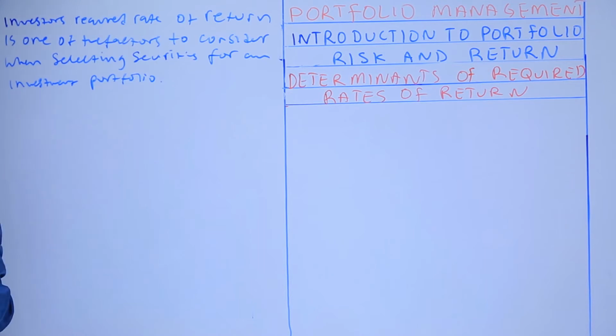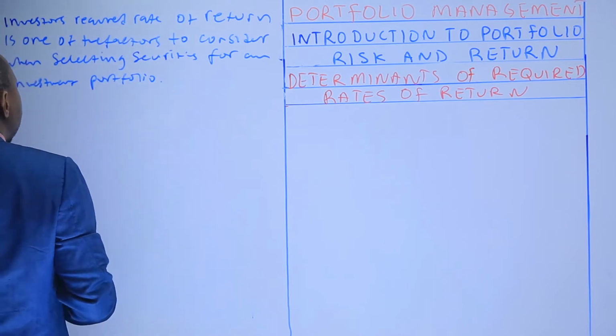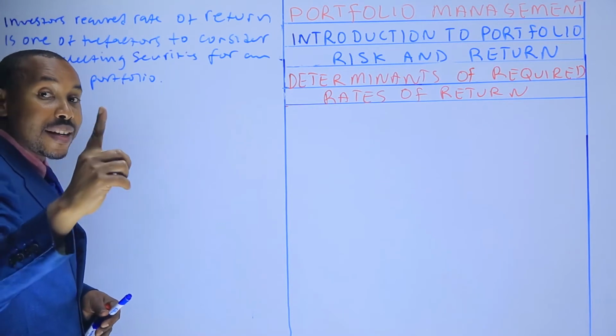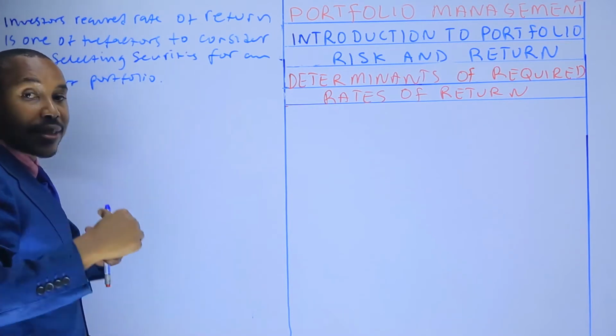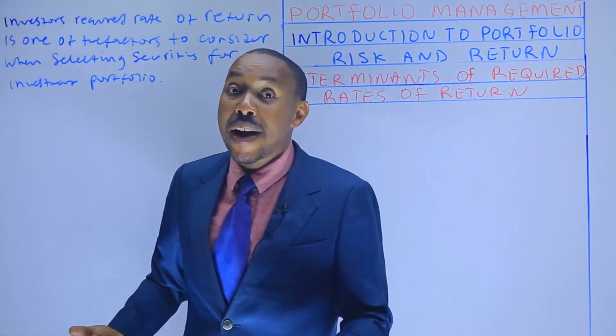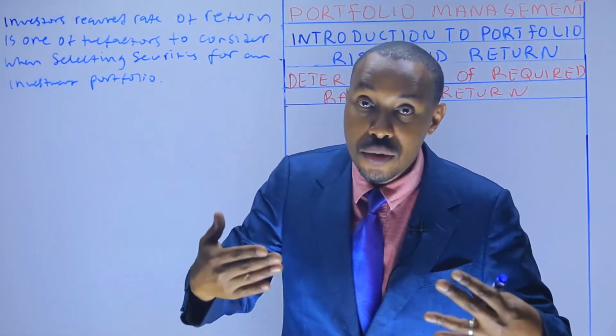We continue and say it is the minimum required rate of return that an investor would actually require so that they can be compensated for deferring the usage of funds today.